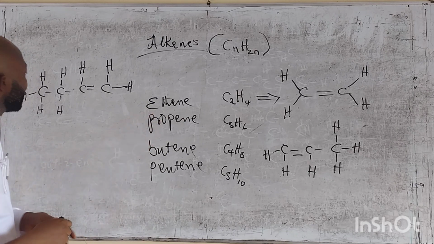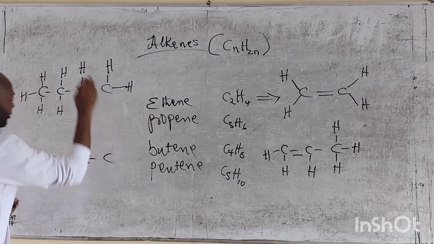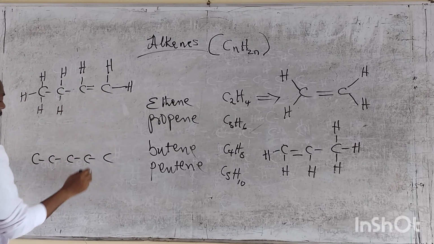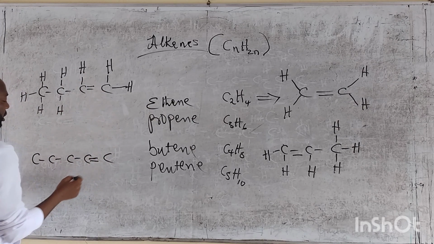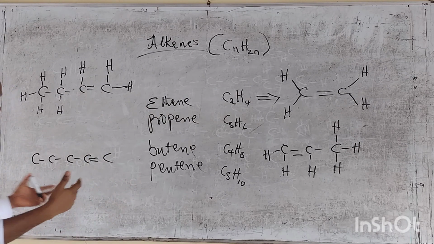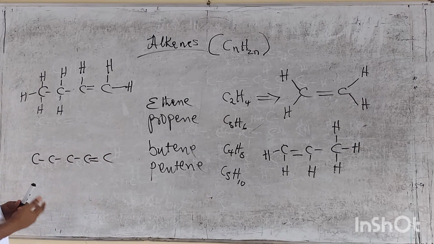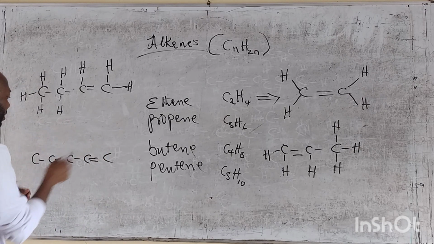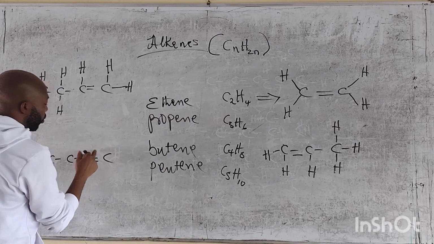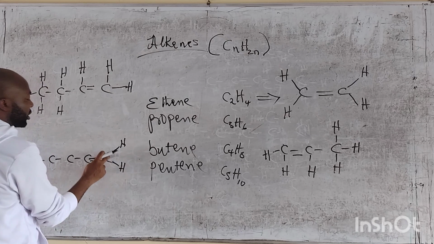Let's look at pentene, which is 1, 2, 3, 4, 5. Now I put my double bond here because it is normal, the first one, we'll call it pentene normally. If it is here, it becomes 2-pentene. But then, let's see the hydrogen atom, how they're going to fit in. So I have my 1, 2 here, 3, 4. This carbon is balanced.